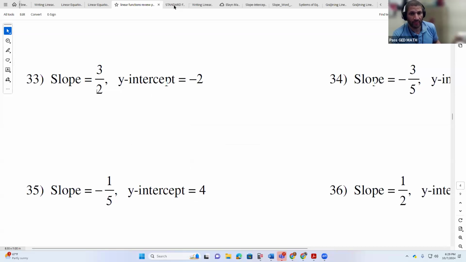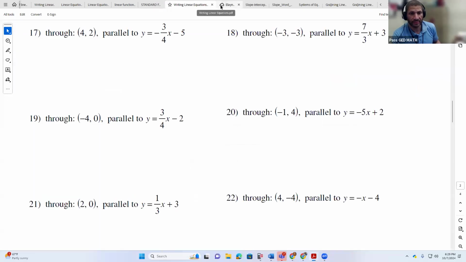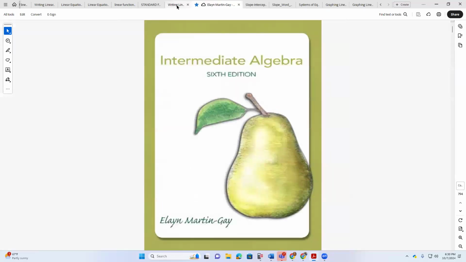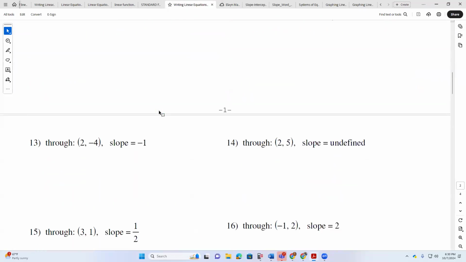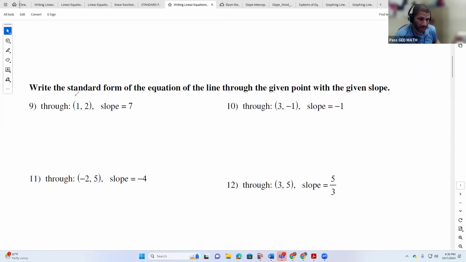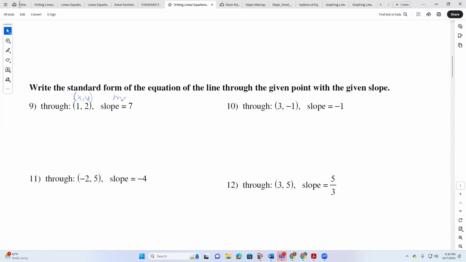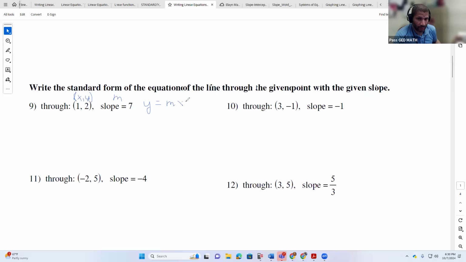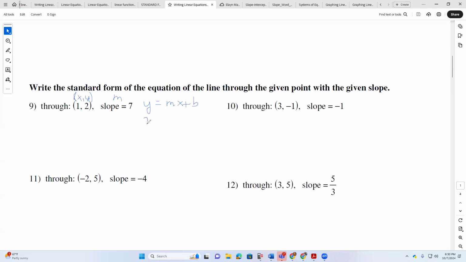So when we go to this problem here, where's that 7 right here? And we said, okay, this is our x. This is my y. This is my m. My slope-intercept form is y equals mx plus b. My y was 2.